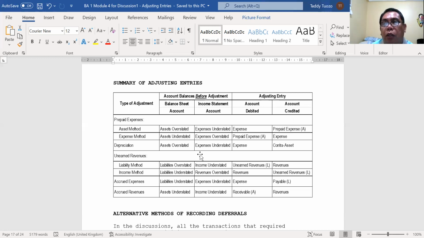But what we are going to recognize here would be only the asset and expense method. Basta, we will be using the simpler method. We will not use that for the accountancy students. But of course, if it would be given in the problem, I should have taken it in a discussion with you.